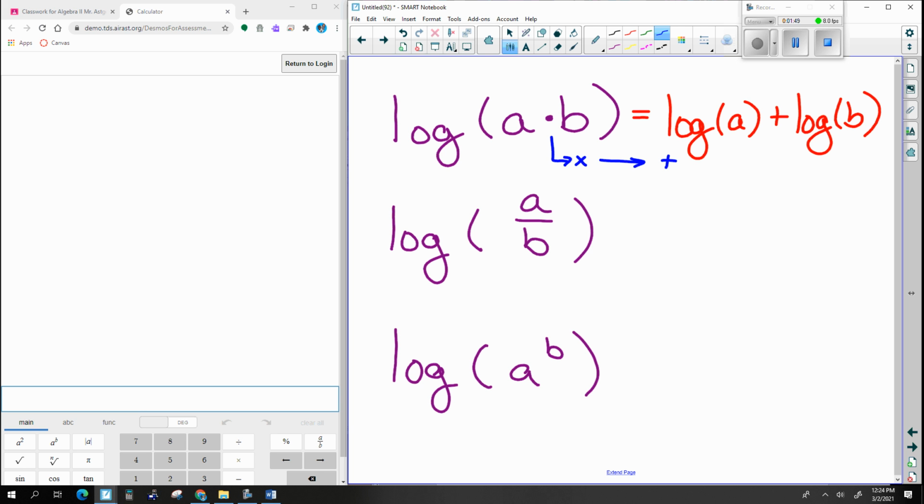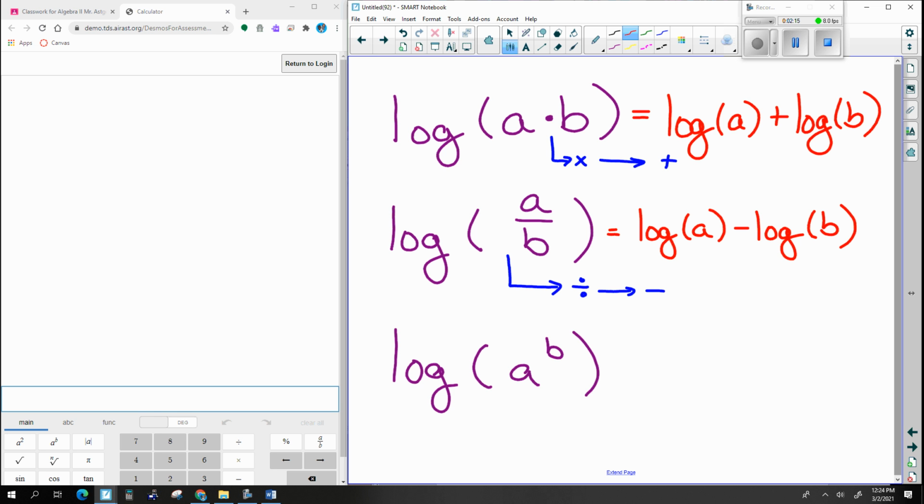You add them. Similar to this. What do you do in a division problem? What do you do to exponents? Well, you subtract them. And that is true as well. So this would be log A minus log B. So inside multiplication is outside addition. Inside division is outside subtraction.